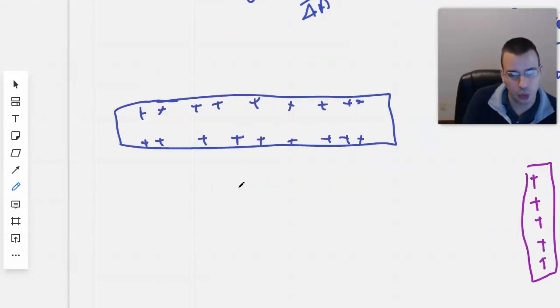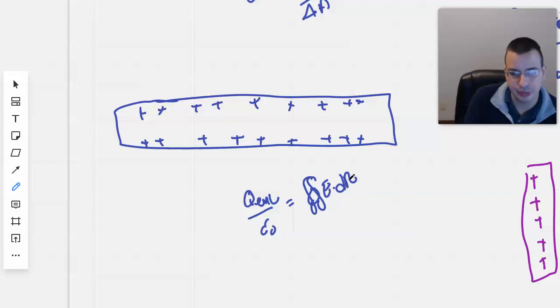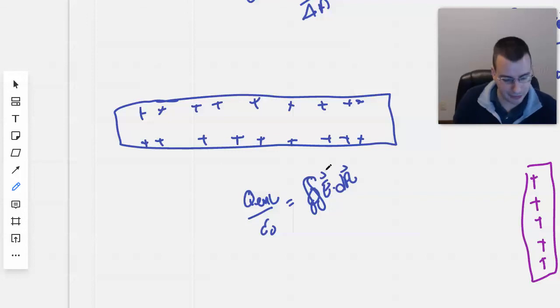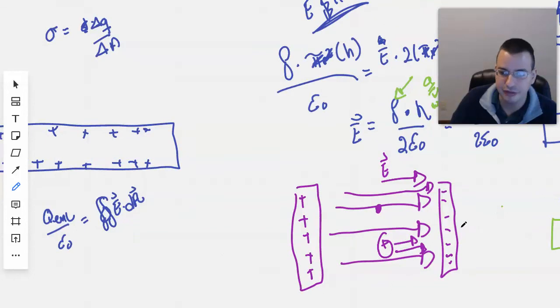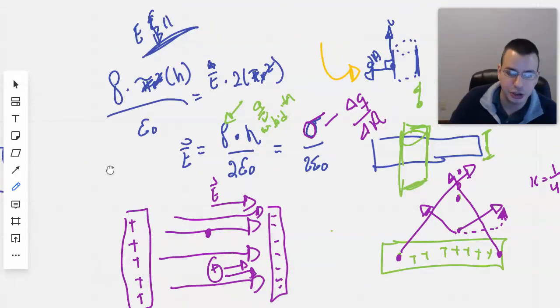So what you would necessarily think is, okay, we're going to be dealing with Gauss's law, which would be Q enclosed over epsilon naught equals double integral E dot dA. But you have memorized that for an infinite plane, we have sigma over 2 epsilon naught.